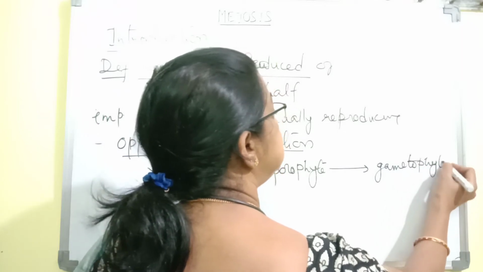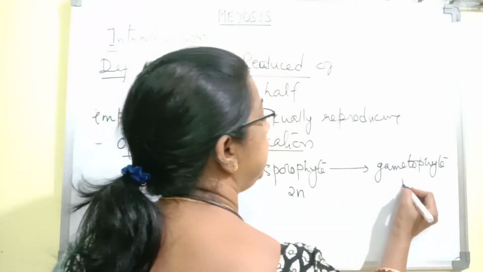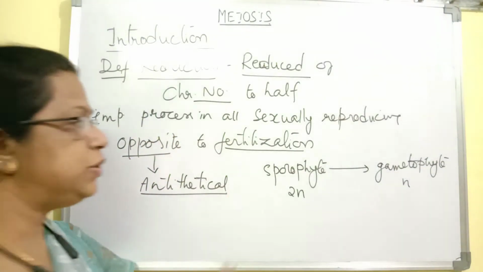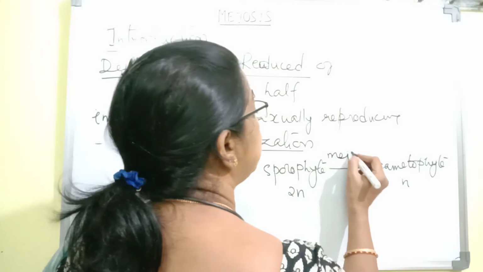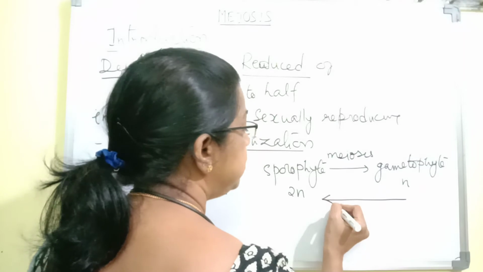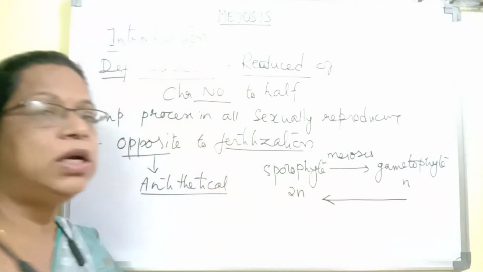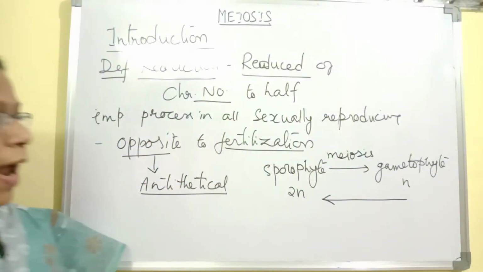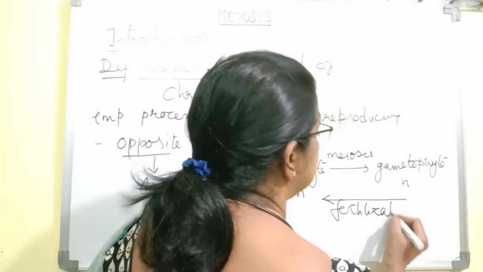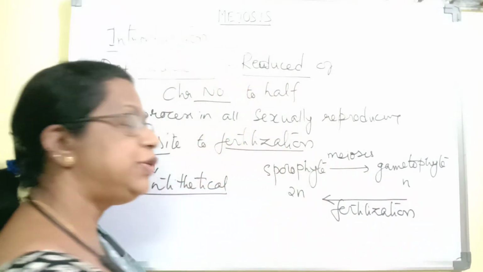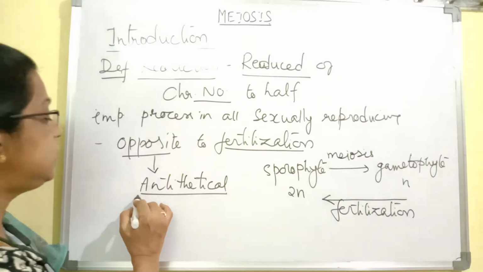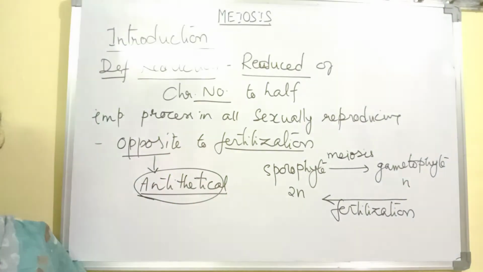That means haploid stage. So here 2n stage will be converted to n stage, and when 2n is converted to n stage, meiosis is required. Similarly, when gametes are formed, gametophyte will be converted into sporophyte, and this takes place by fertilization. Thus, meiosis and fertilization are two opposite processes, described as antithetical to each other.